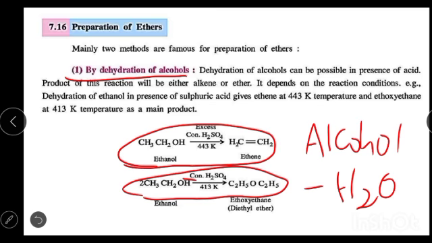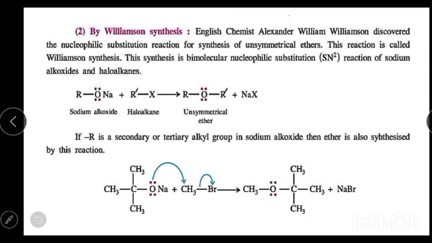We can see here. The next method is Williamson synthesis. This is known as Williamson's ether synthesis. It is a nucleophilic substitution reaction. So we know what a nucleophilic substitution reaction is. It is a bimolecular nucleophilic substitution reaction, SN2 reaction.